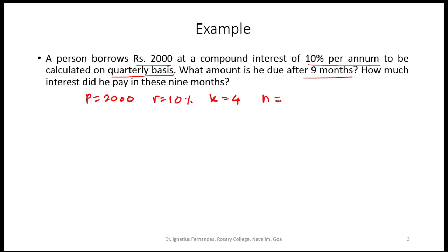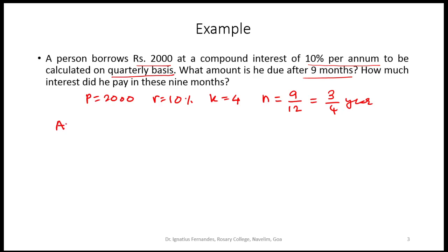Now what we know in the formula is that N is always in terms of number of years. Because here the duration is given in months, you have to convert these months in terms of number of years. 9 months is 9 out of 12, so 9 months is precisely 3/4 of a year. So I've converted N in terms of number of years.